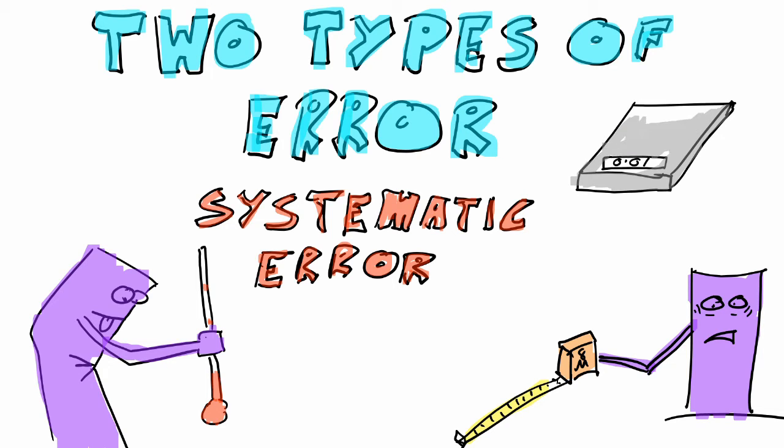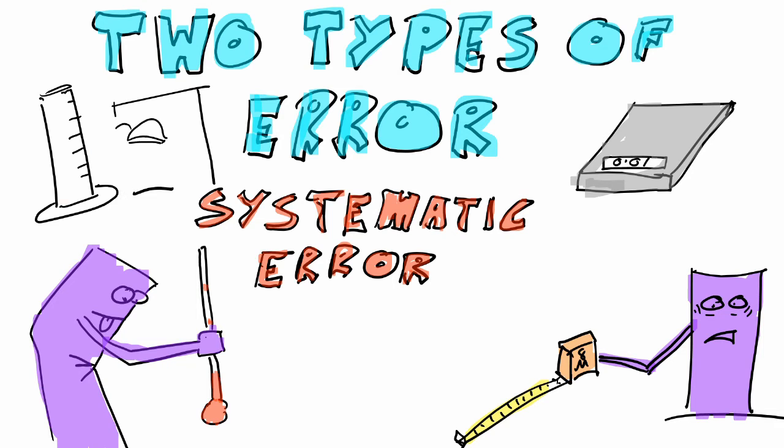You're always going to get a slightly larger reading if your tape measure has expanded, for example, or perhaps you didn't tare your balance properly. So instead of reading from 0.00, it started off reading from 0.01, and that means every measurement you take on that balance is going to be too high by 0.01 of a gram.